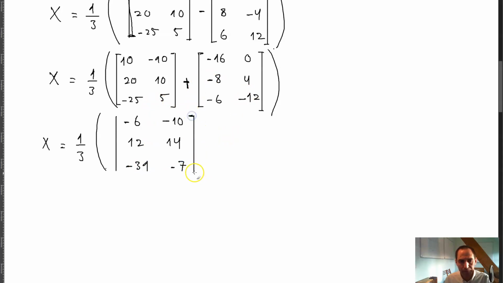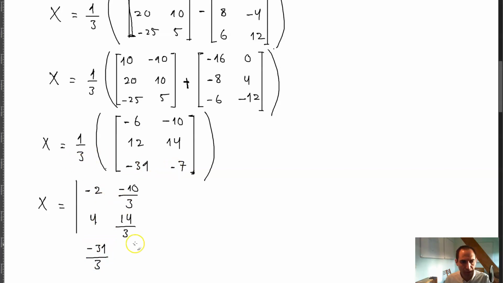Then when you multiply by 1/3, you will get X equal to a matrix, which is 6/3, which is negative 2, negative 10/3, that is a 4, that is 14/3, that is negative 31/3, that is negative 7/3, and that becomes your matrix.